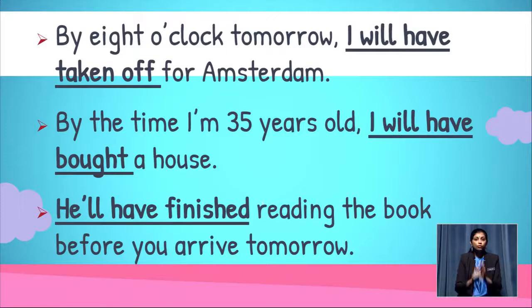For examples, by 8 o'clock tomorrow, I will have taken off for Amsterdam. By the time I'm 35 years old, I will have bought a house. You'll have finished reading the book before you arrive tomorrow.